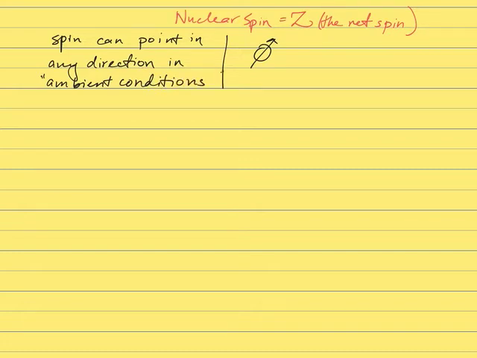And so if we have a whole bunch of spins that are not in a magnetic field, they're going to randomly orient.